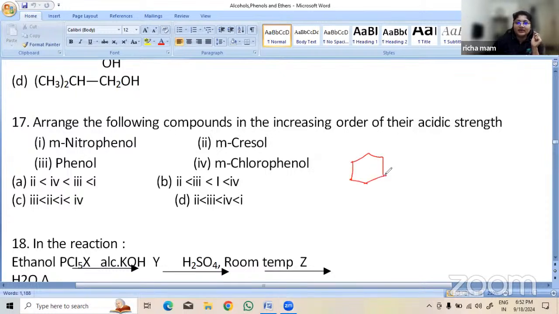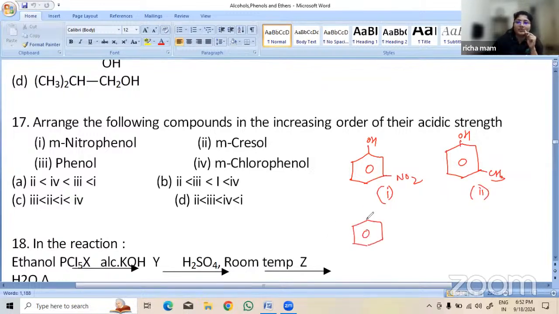So this is nitrophenol. Then is your metacresol. Metacresol, this is the first one, this is the second one. Then the third one is phenol, and the fourth one is metachlorophenol.